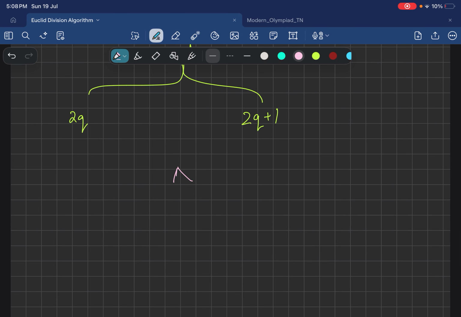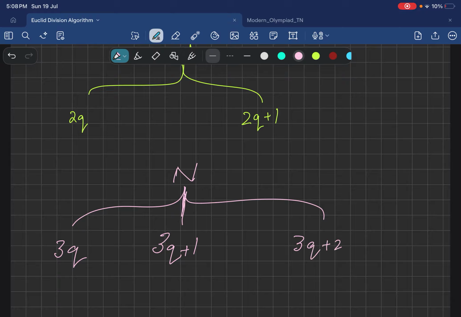Similarly, if I want you to divide in modulo 3, which means dividing by 3, then you would get 3 cases: 3q, 3q plus 1, 3q plus 2, because it can never be 3q plus 3 or 3q plus 4, because the remainder would be greater than or equal to the divisor, which is not possible.